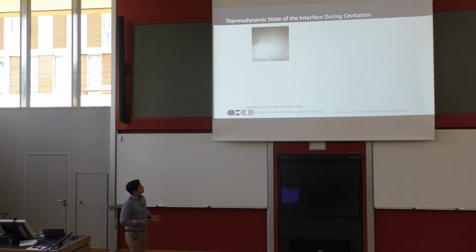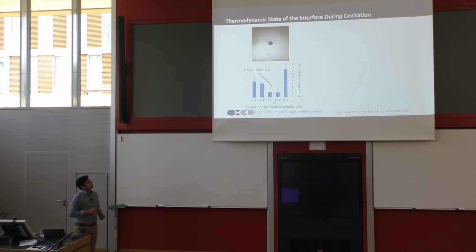I have a poster on this, so I will not go too much into the detail, but what I observe in short is that in the presence of lipids, the cavitation threshold, for the water to vapor transition, is minimum when the lipids in the solution are near their phase transitions.